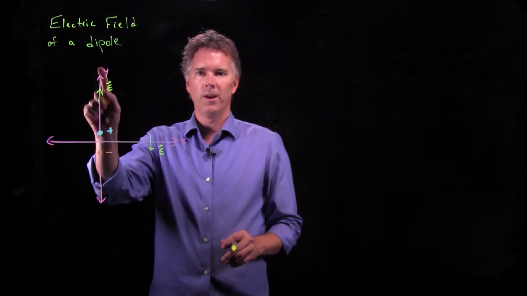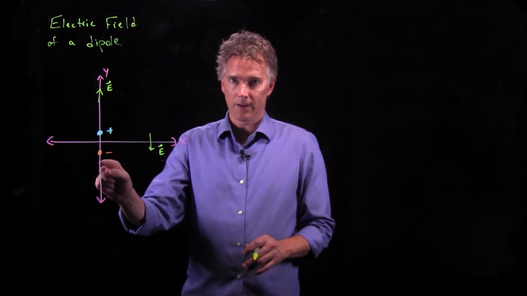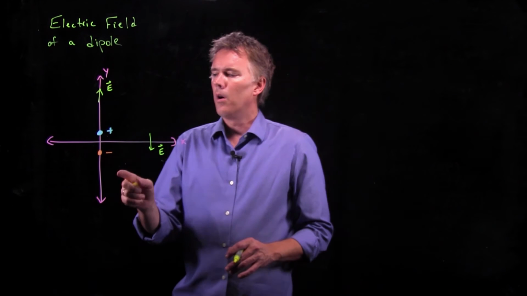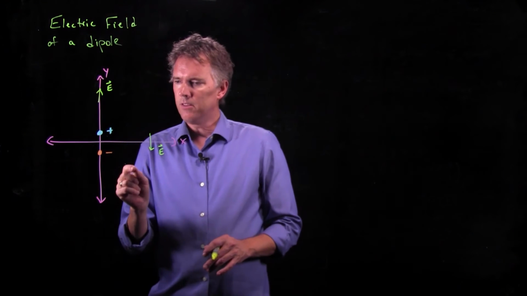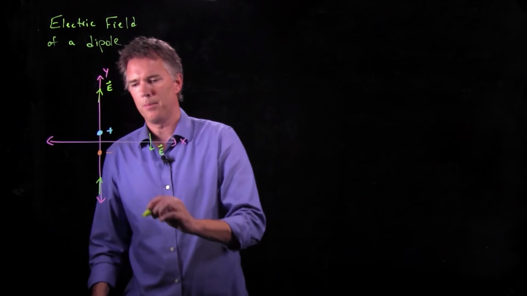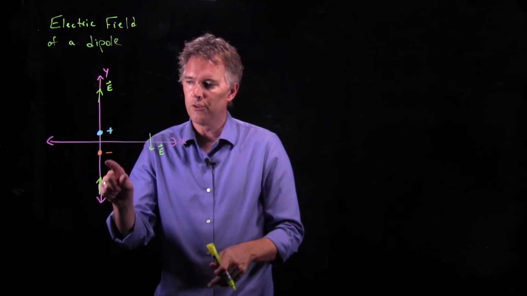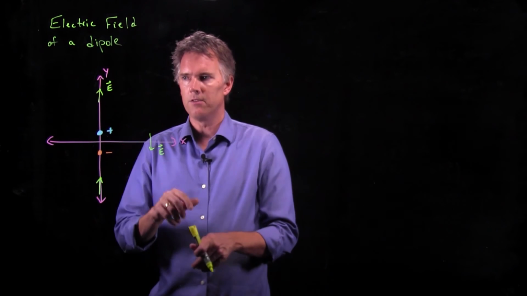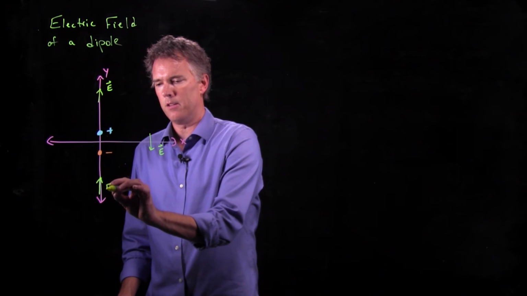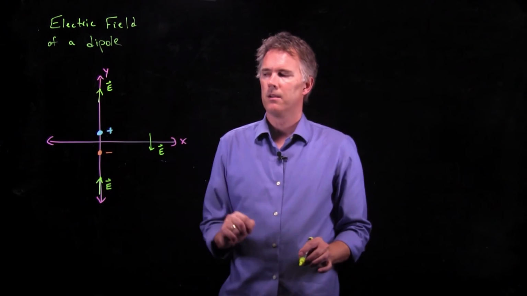Well, this one was pointing up. Why? Because the positive charge is a little bit closer than the negative charge. So down here, it might make sense for that electric field to also be pointing up. Why? Because it's a little closer to the negative charge than it is to the positive charge. And that is, in fact, correct. It's pointing up down there.